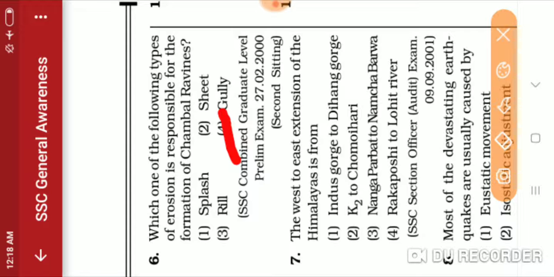Chambal Valley is on the Chambal river, in Madhya Pradesh.